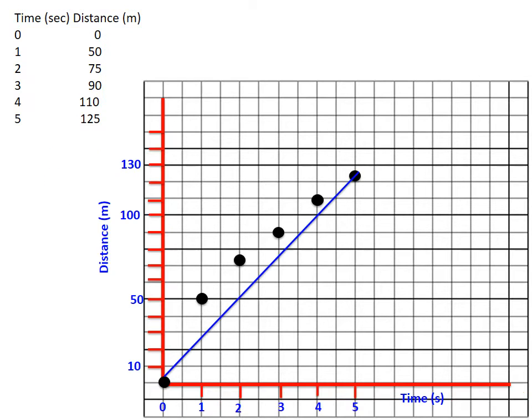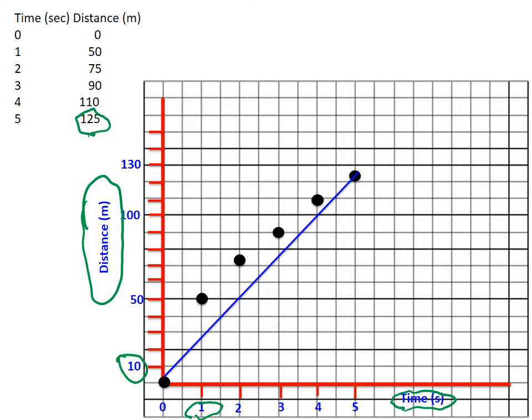So when I did this, this is how I went about graphing my data. For the time unit down here, every box was 1 second, and you can see I labeled it as time. My y variable over here was distance, and I made every box 10 meters because I had to go all the way up to 125 meters.